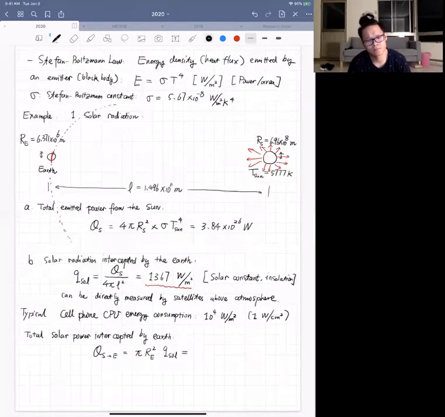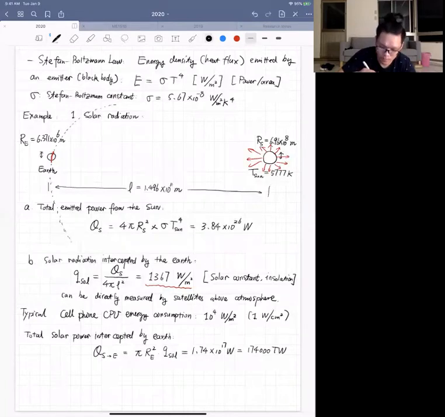So if we do the calculation, this is about 1.6474 times 10 to the 17th watt, or equals 174,000 terawatt. This number is still larger than what we showed last time, because this is the power arriving at the top, above the atmosphere.